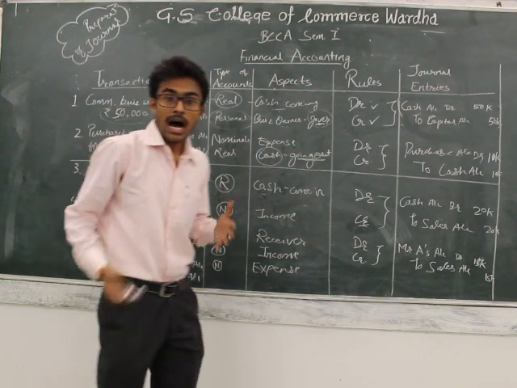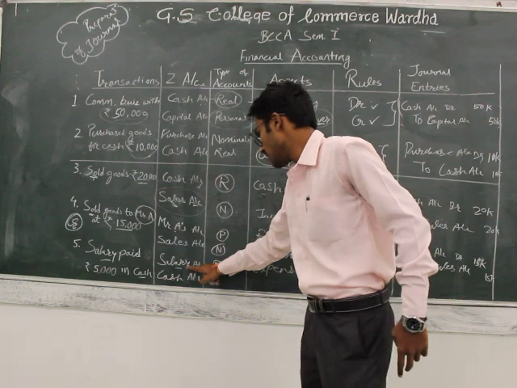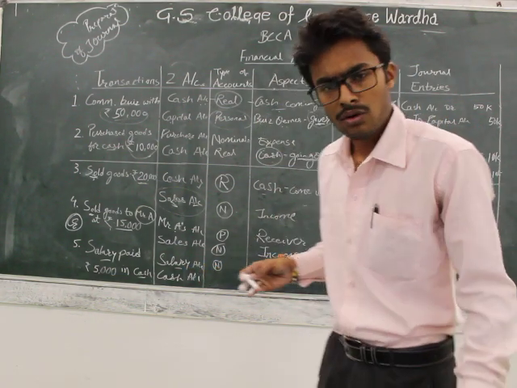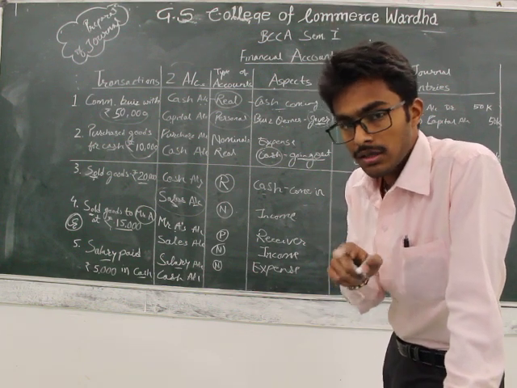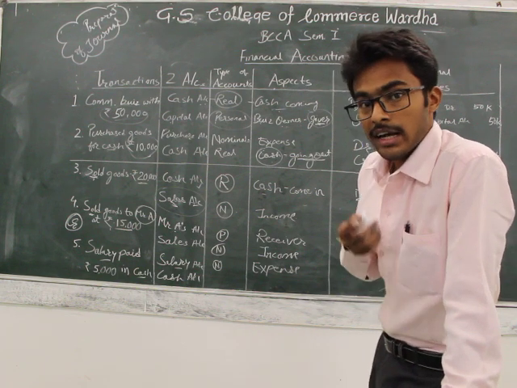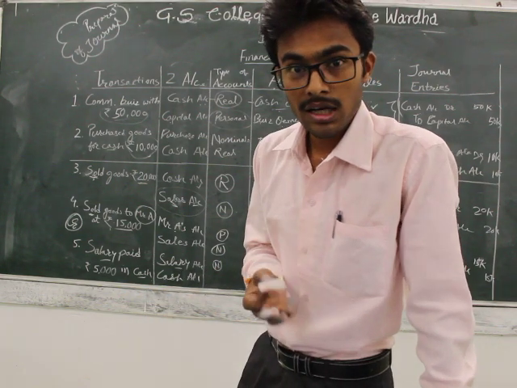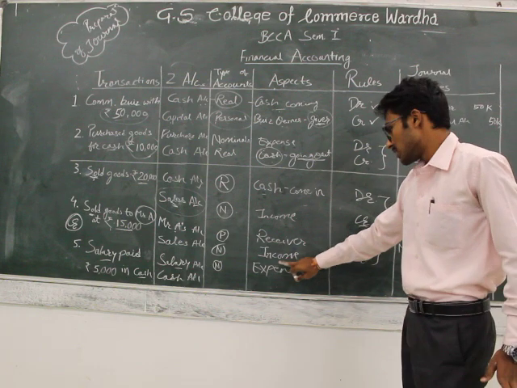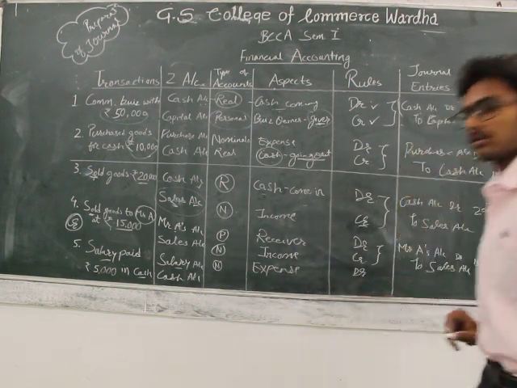And our so-called golden rule for nominal account, repeat with me, is debit all expenses and losses, credit all income and gains. Debit all expenses. This is an expense for me, that's why this will be debited.